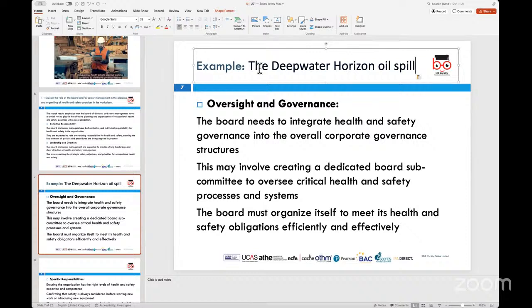Now, what do the oversight and governance point have to do with this Deepwater Horizon example? At the highest level, the chief executive and chairman of BP had to resign because he had to take ultimate responsibility for that environmental disaster and the oil spill which happened, I think, in 2010, off the coast of the United States in the Gulf of Mexico.